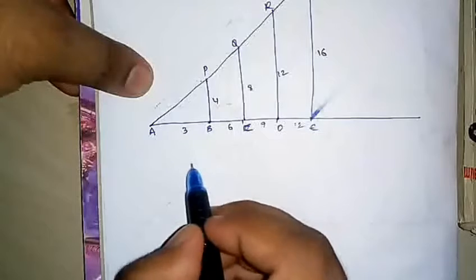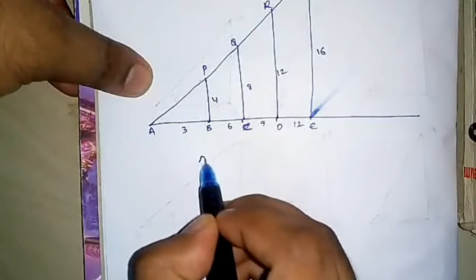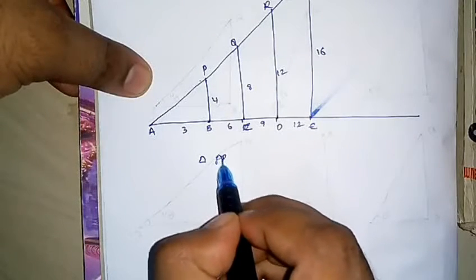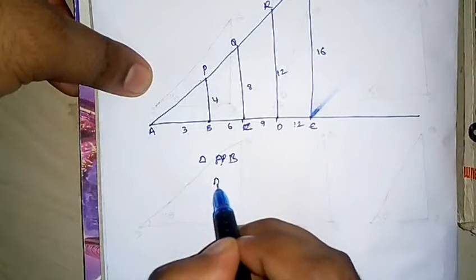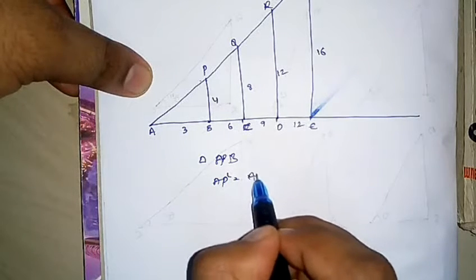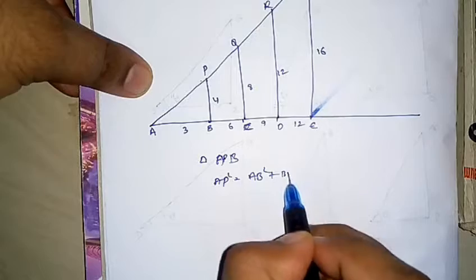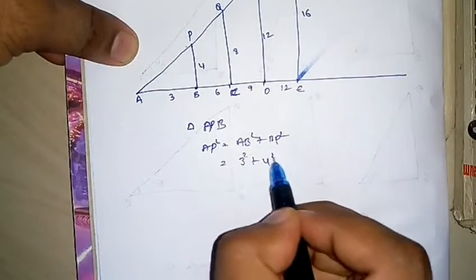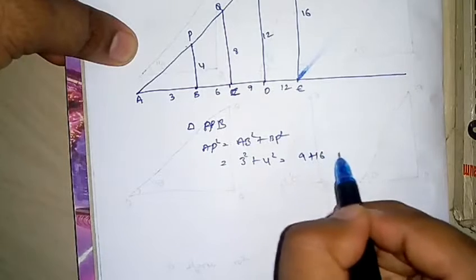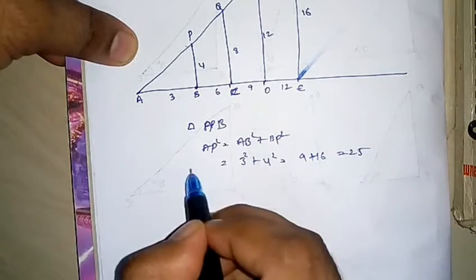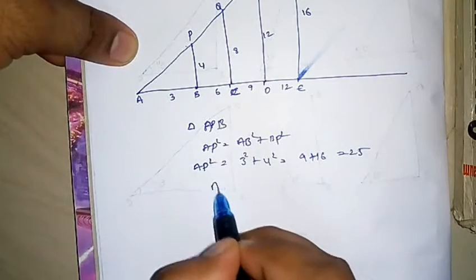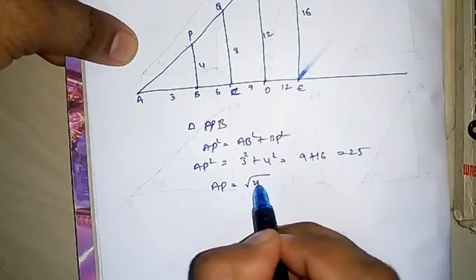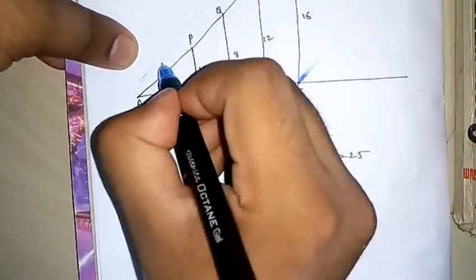Using the Pythagoras theorem in triangle APB, AP square is equal to AB square plus BP square, which is 3 square plus 4 square, which is 9 plus 16, equal to 25. AP square is equal to 25. So AP is equal to root 25, which is 5.